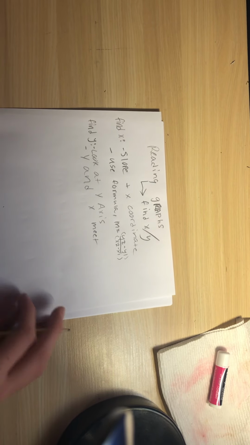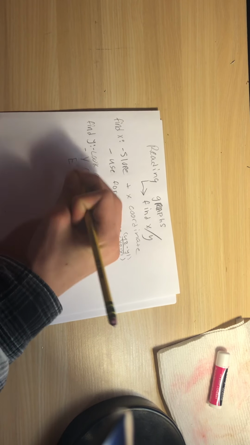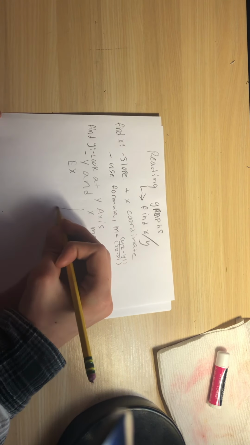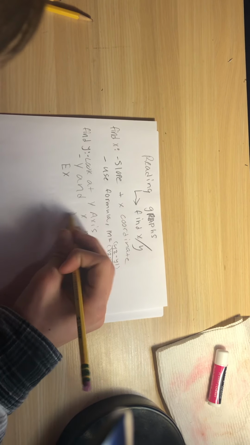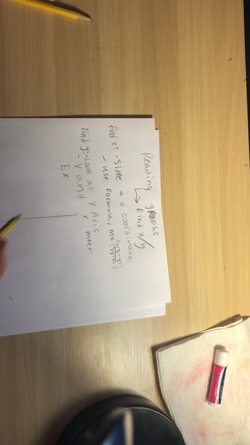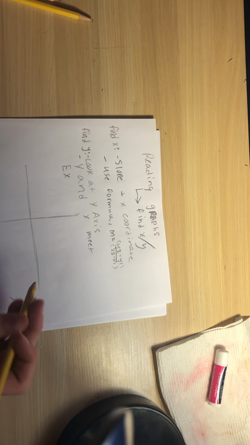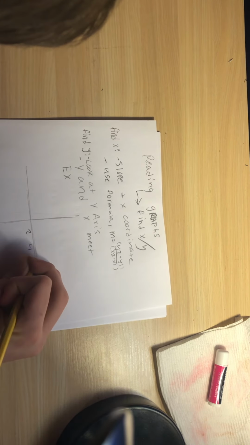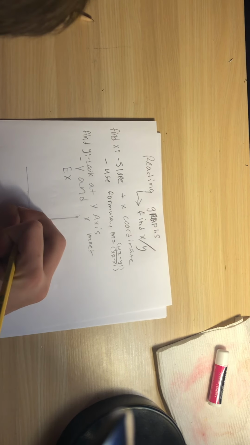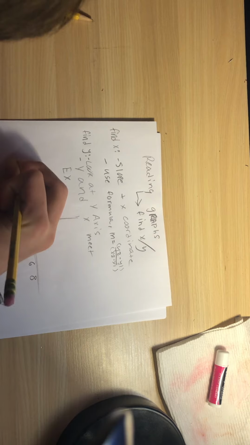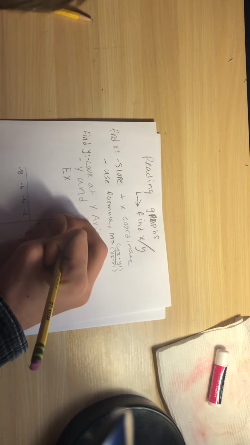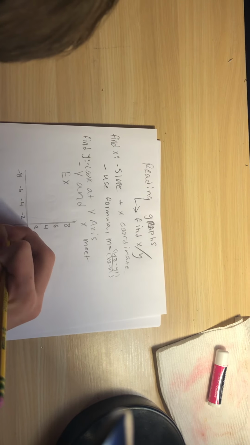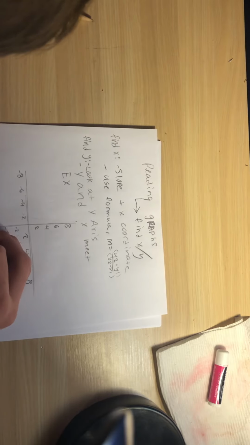So if you look at this, here's a little example. Let's say we had a graph that went to 2, 4, 6, 8, -2, -4, -6, -8 on both axes.